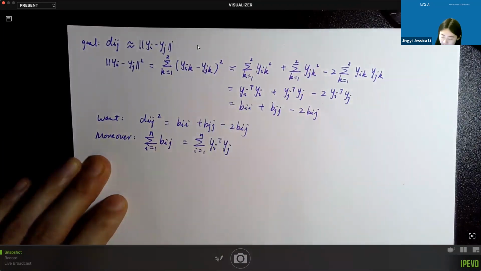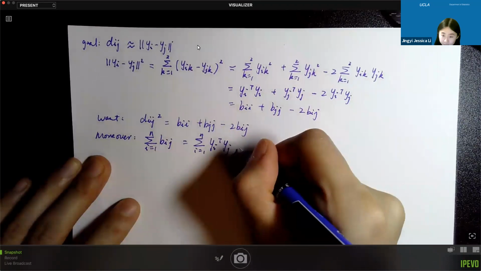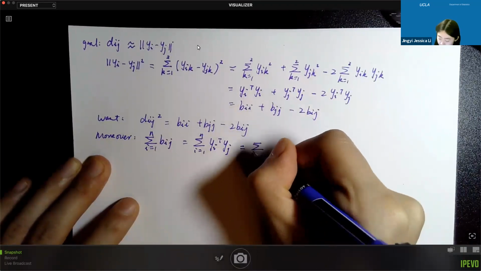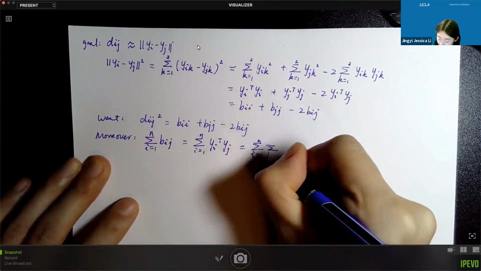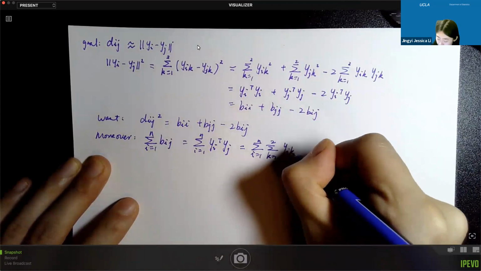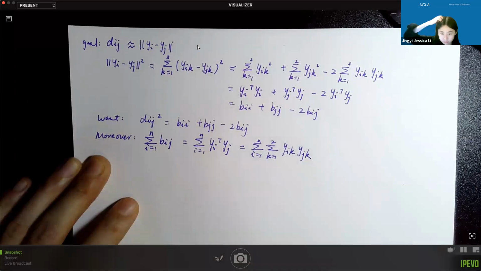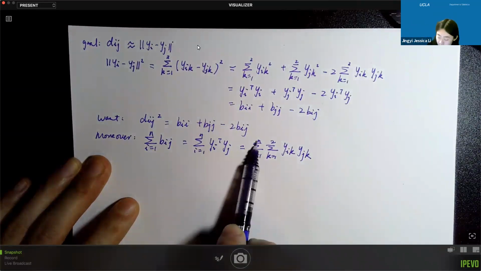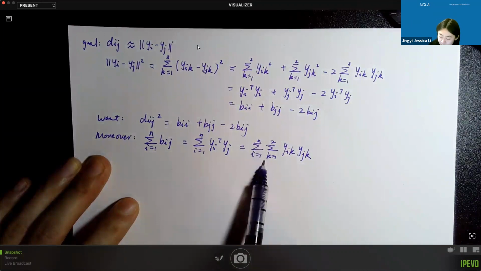And we can have this written as the sum over k from 1 to 2, the dimensions, of Y_ik Y_jk. Now, the summation for i and the summation for k are here.